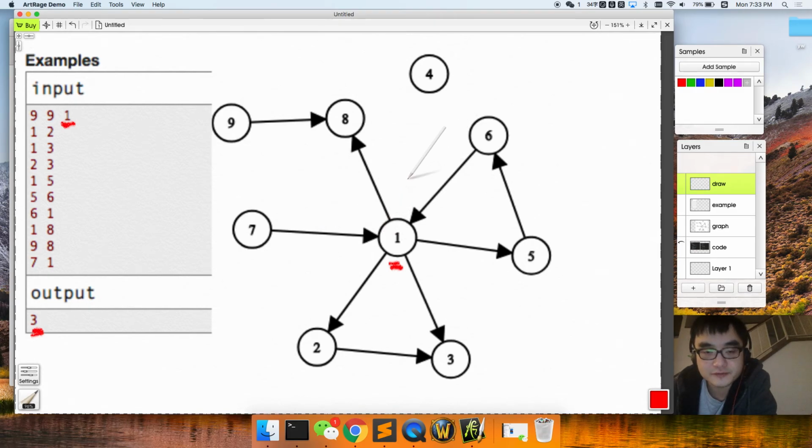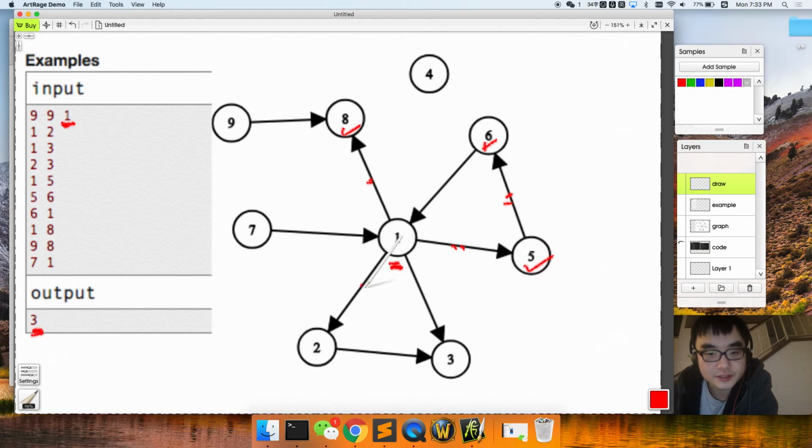So let's first find out which nodes we cannot reach from node number 1 in the original graph, right? So we can reach node 8 through this edge, and we can reach node 5 through this edge, and node 6 through these two edges, right?